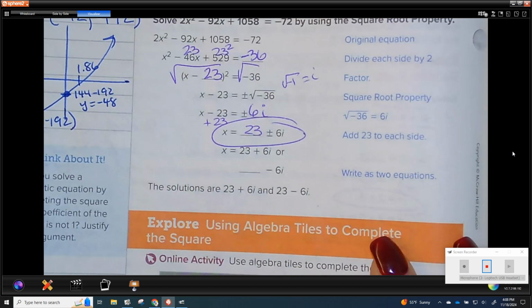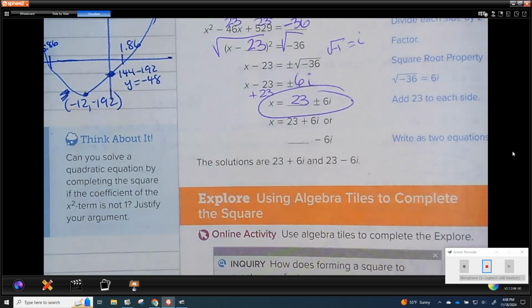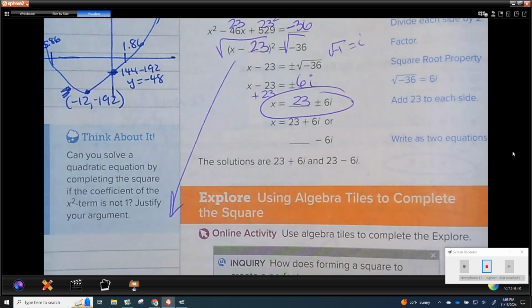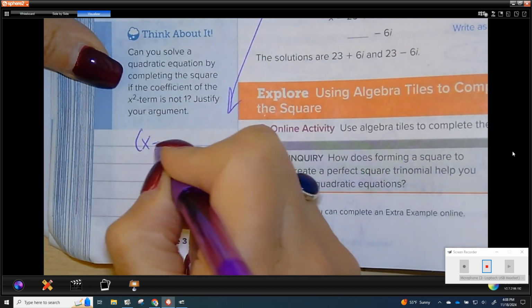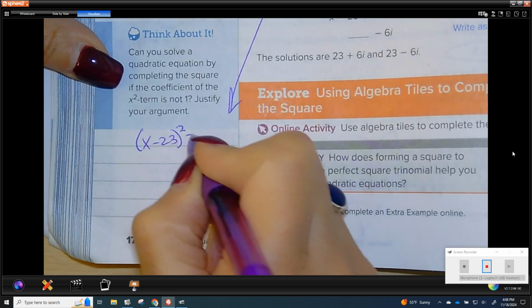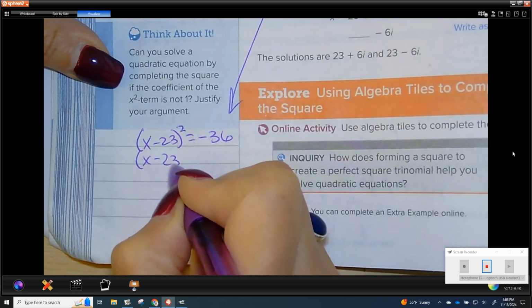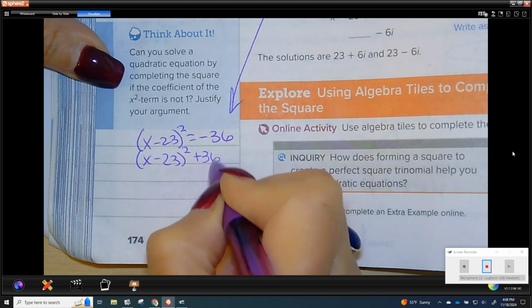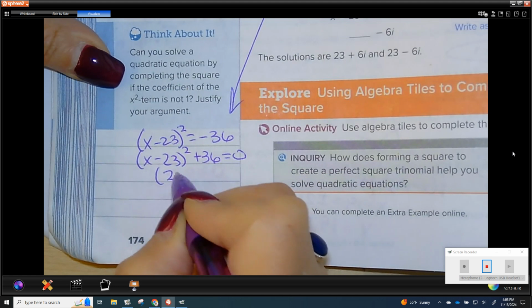Now let's do the vertex on this one, which I'm going to write down here. So vertex form is (x minus 23) squared equals negative 36. So (x minus 23) squared plus 36 equals 0. See how this is positive? Our h is 23.